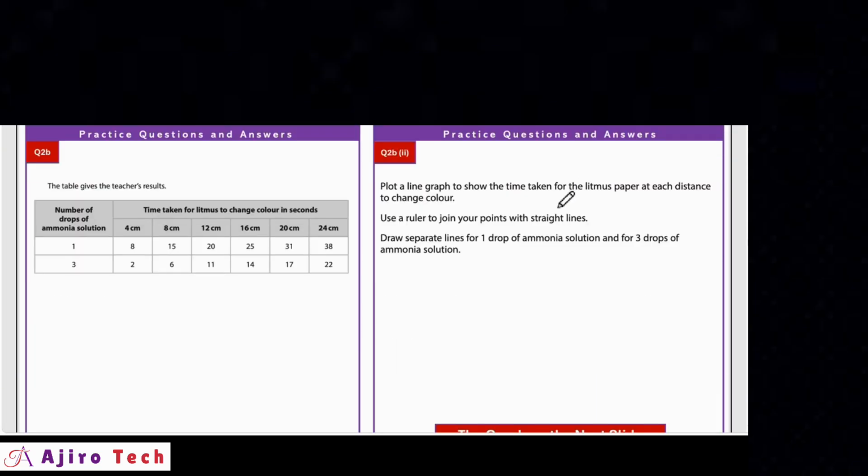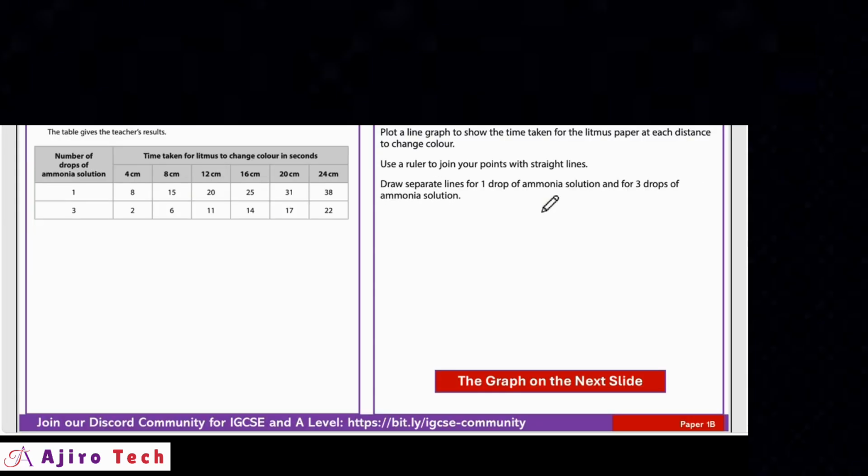The next question says we should plot a line graph to show the time taken for the litmus paper at each distance to change color. Use a ruler to join your points with a straight line. When you are solving this question, remember you have to use a ruler to join points with straight lines.